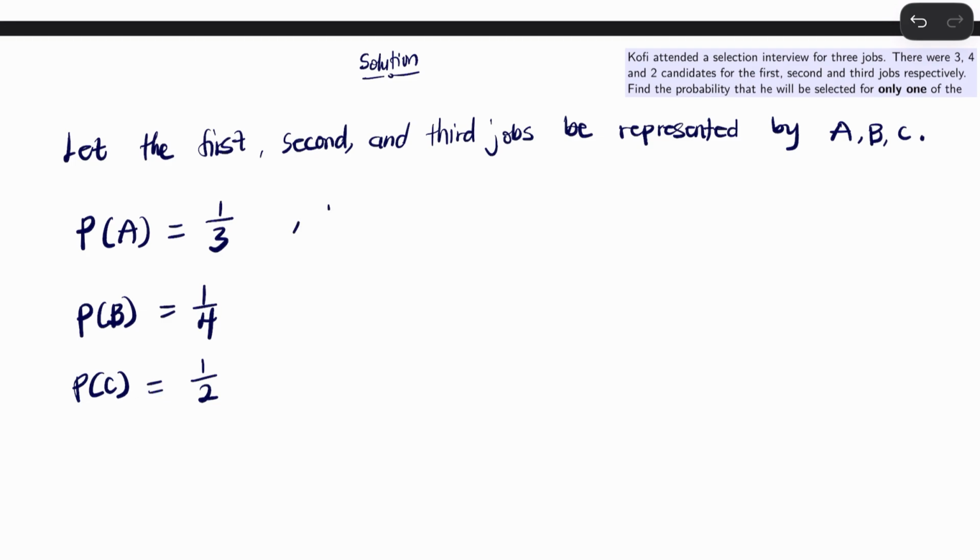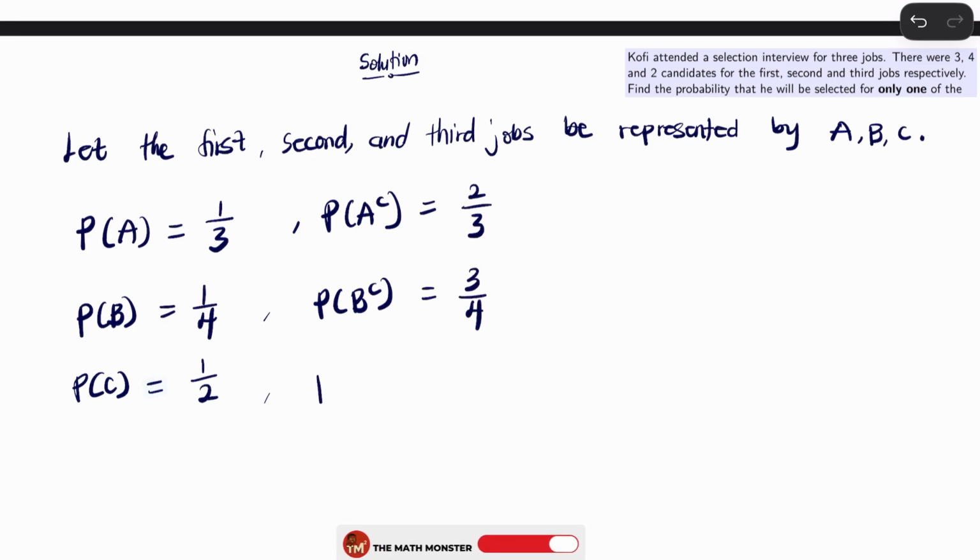Then, the probability that Kofi would not be selected for the first job is equal to 2 on 3. Likewise, the probability that Kofi will not be selected for the second job is 3 on 4. And the probability that Kofi will not be selected for the third job is 1 on 2.